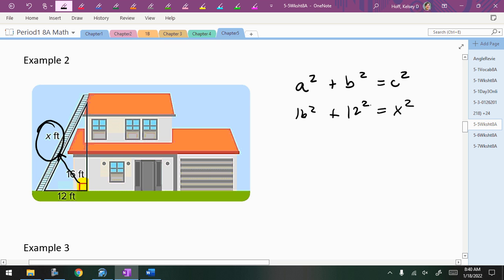Okay. What's my next step? Square them. Very good. On your own, take 16 squared, write it down. And 12 squared, write it down.